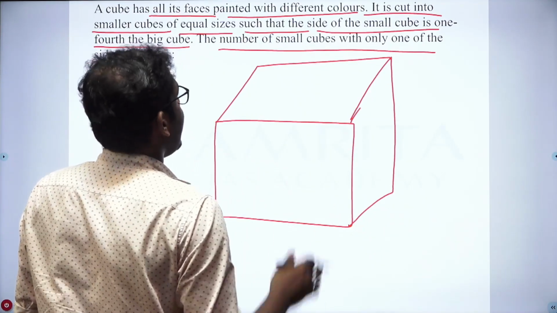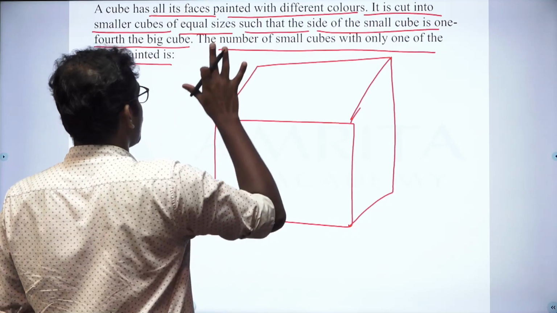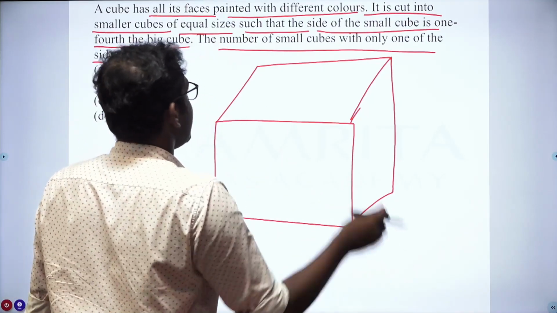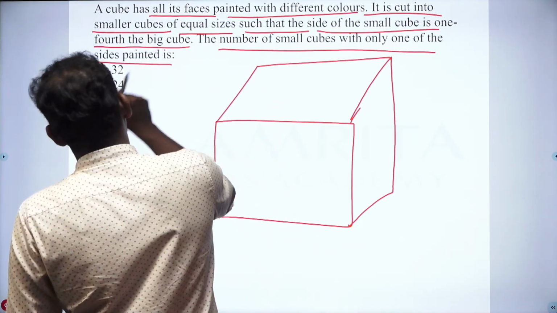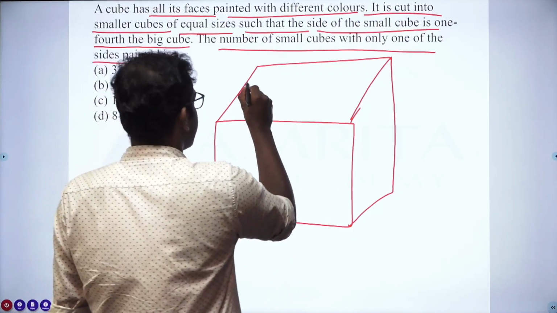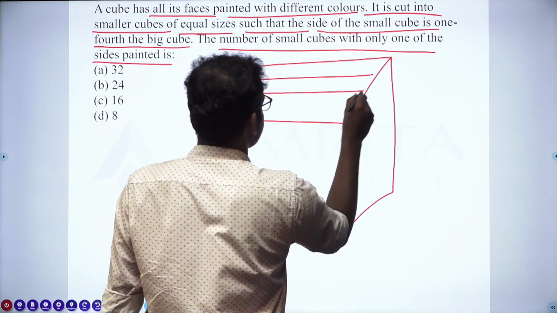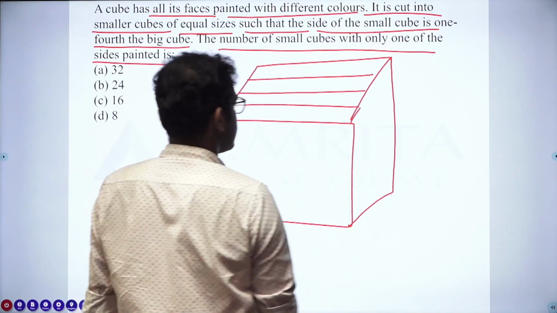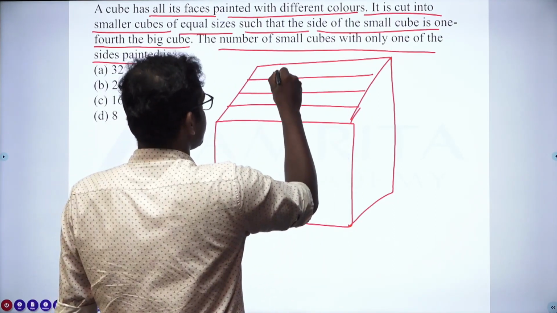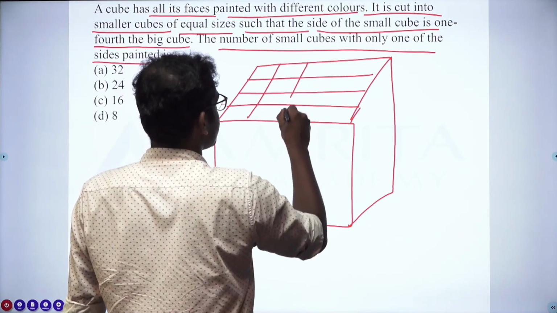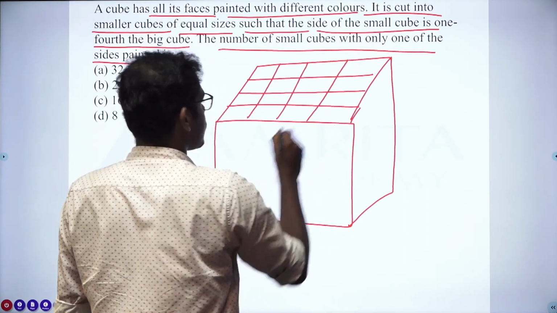It is cut into smaller cubes of equal sizes such that the side of the small cube is 1/4 of the big cube, which means that it has to be cut into 4 different pieces.